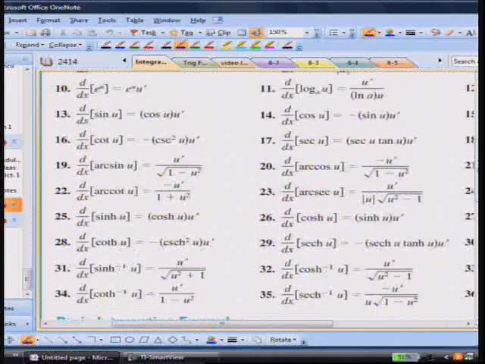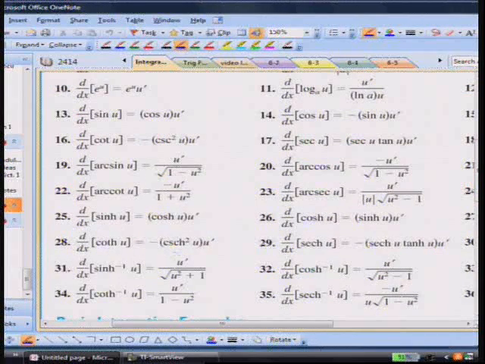And notice, here are your derivatives. The reason I like this sheet better is because it reminds you of the chain rule. Like, if it were the hyperbolic cotangent of x squared, then you would do negative hyperbolic cosecant squared of x squared times 2x.